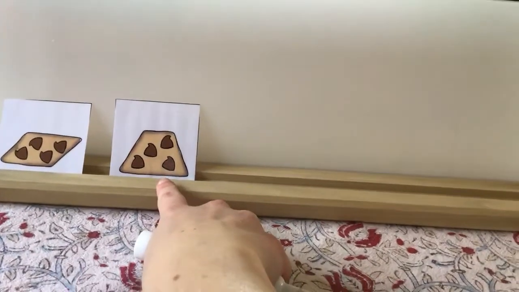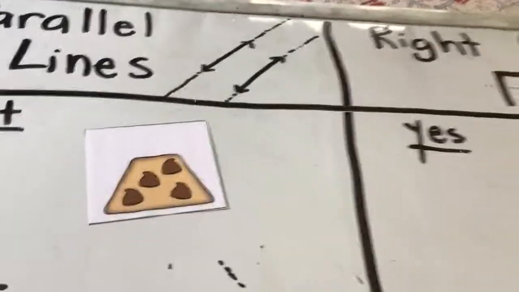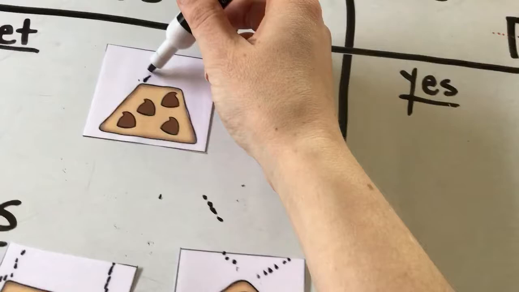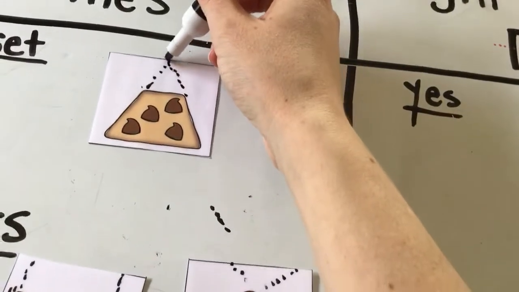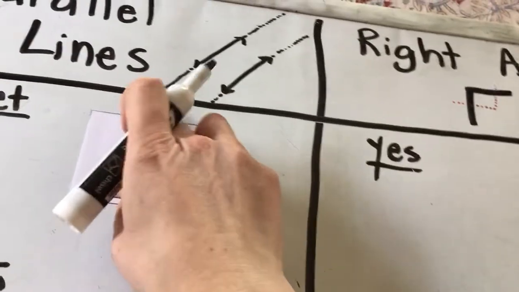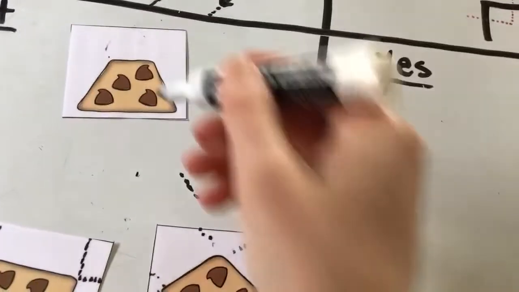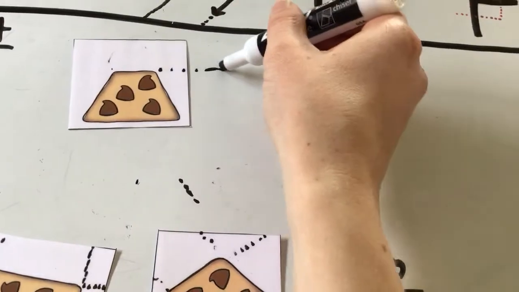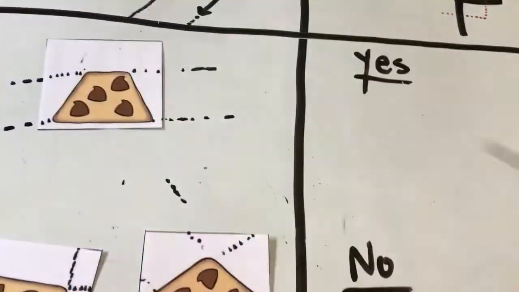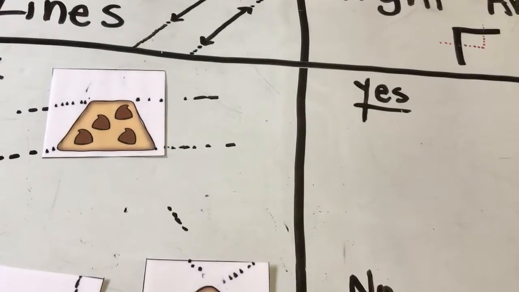All right, many of you are familiar already with the trapezoid. And just by looking at the trapezoid, I already feel like this is going to be different than the other ones because I'm seeing a set of lines here, and if they went on forever and ever, they would meet. So let's see if the other set of lines are parallel, because that set of lines certainly isn't. But if this top side and this bottom side went on forever and ever, they would never meet.